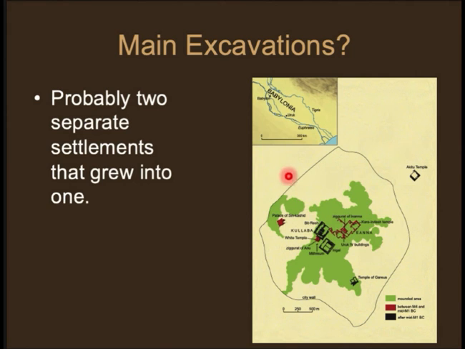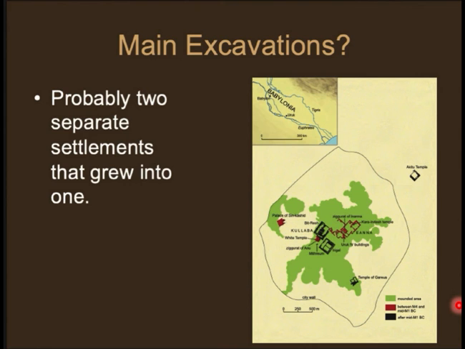Now, the ancient city of Uruk had a tributary or a canal connected to the Euphrates that ran right through the center of the city. That would have made transportation in the city pretty easy. It looks like, based on the archaeology, that Uruk might have actually started out as two separate large villages, one centered kind of here and the other centered here, that grew into one major city.